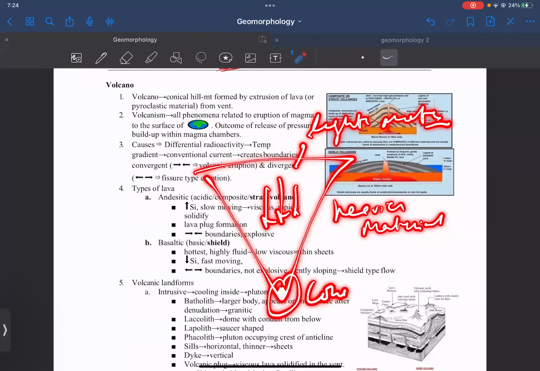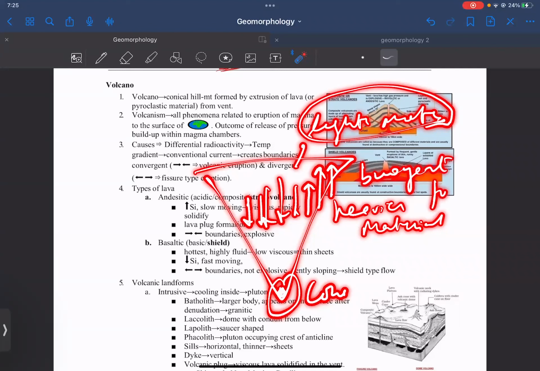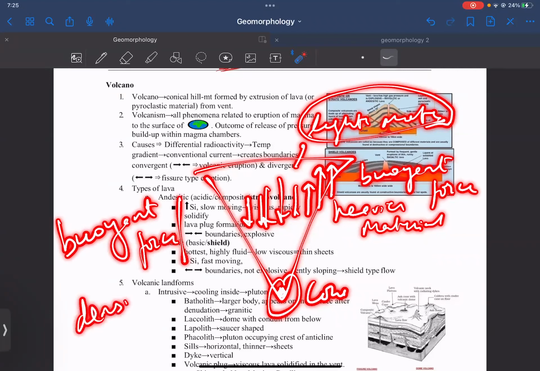So the molten rock, or you can say molten magma, its density would be less. So heavier material will sink, and that melted rock will start rising upwards. You can say it rises because of buoyant force, or because of density differentiation, its density decreases, and so magma will start rising upwards.